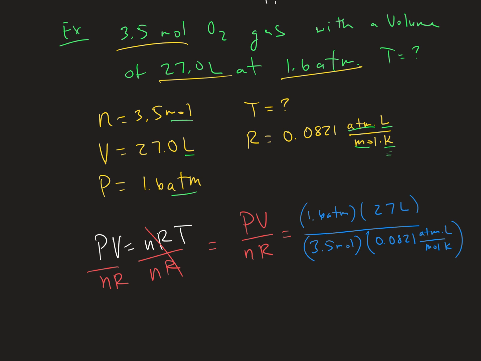So what cancels? ATM cancels, liters cancels, moles cancels, but we have Kelvin on the bottom of the bottom. That means it's going to be on top, right? You with me? Okay. So now we just plug our numbers in and we get 150.3 Kelvin. Good?